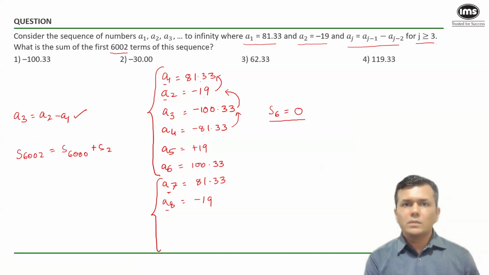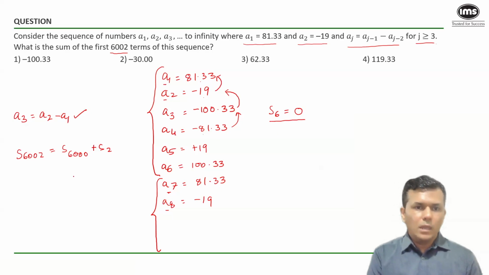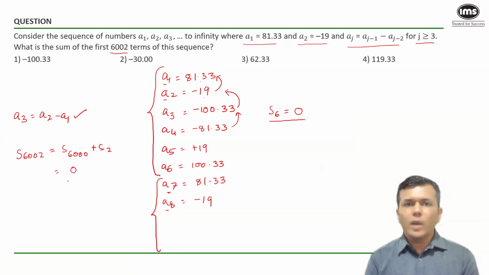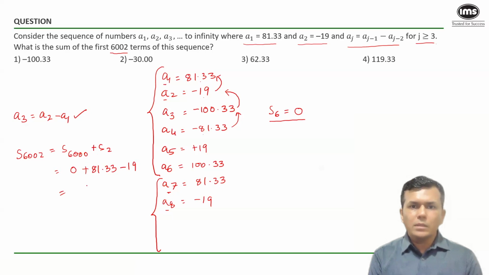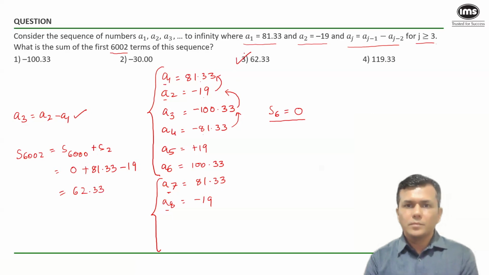So the summation of 6,000 terms is 1,000 times the same cycle, and therefore it is going to be 1,000 times 0, which is equal to 0. So we are just supposed to add the sum of term number 1 and 2, and that is going to be 81.33 minus 19. 81.33 minus 19 is 62.33, and that is our answer, which is option number 3.